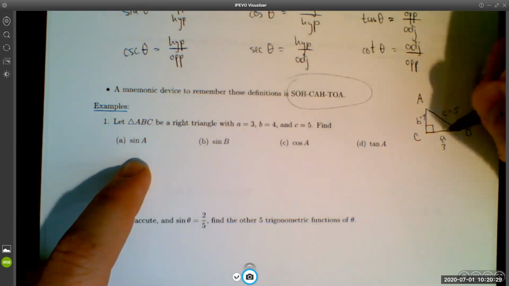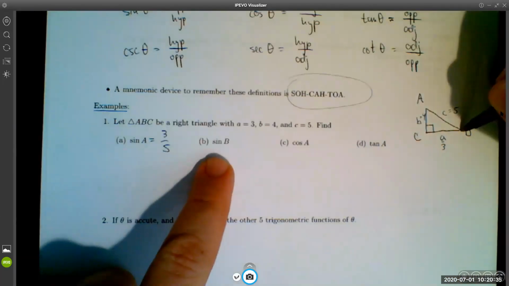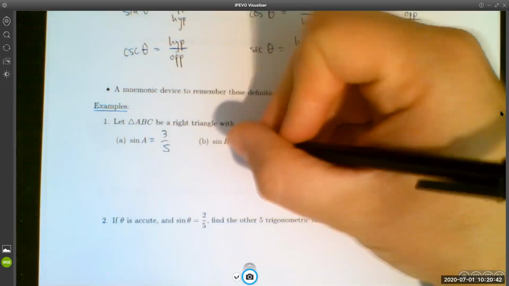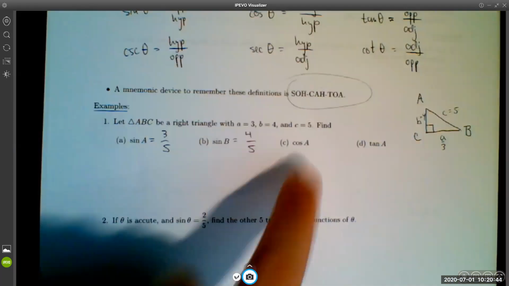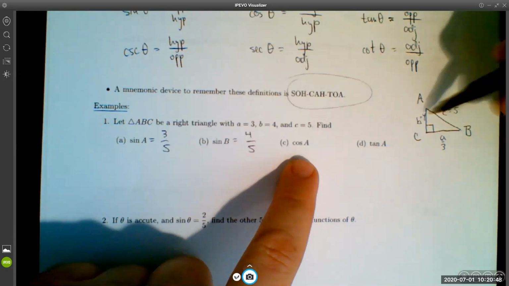So a over c, 3/5. So sine A is 3/5. Sine B, opposite over hypotenuse, that would be b over c, that would be 4/5, right? Cosine A is adjacent over hypotenuse, so that would be b over c, that's 4/5.